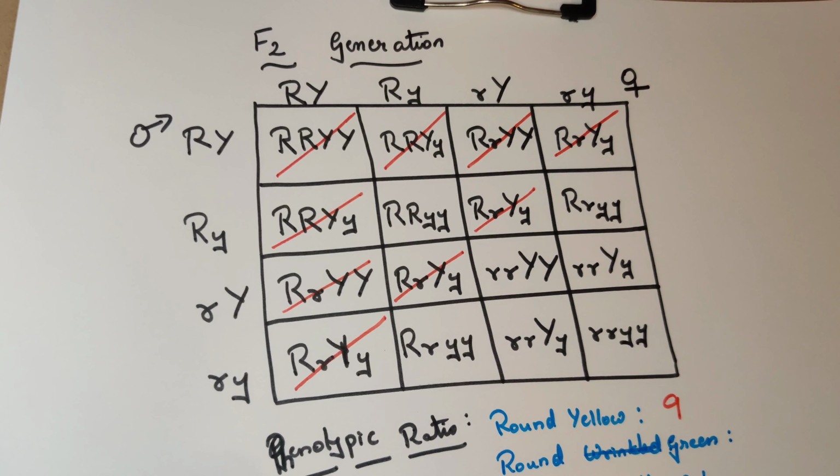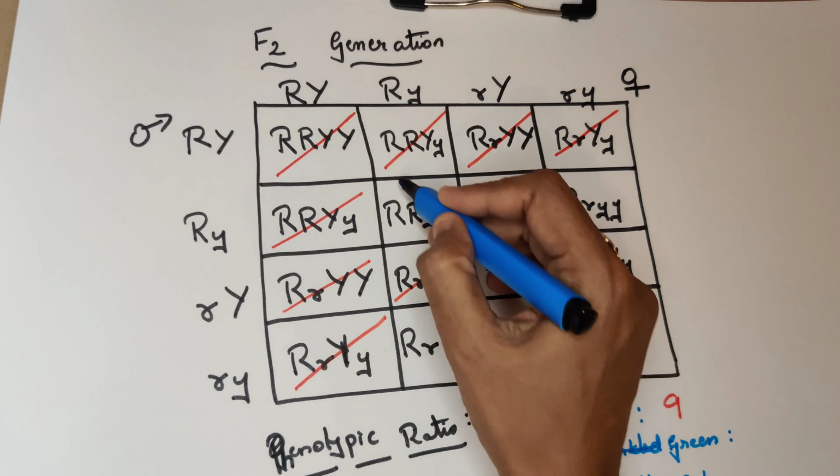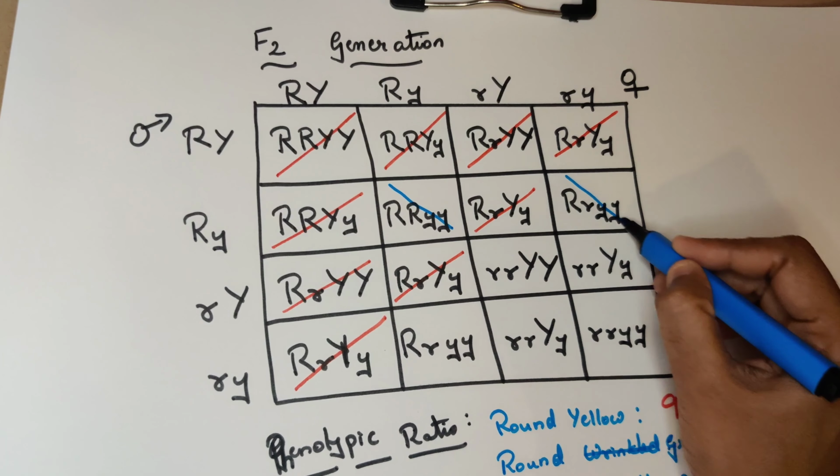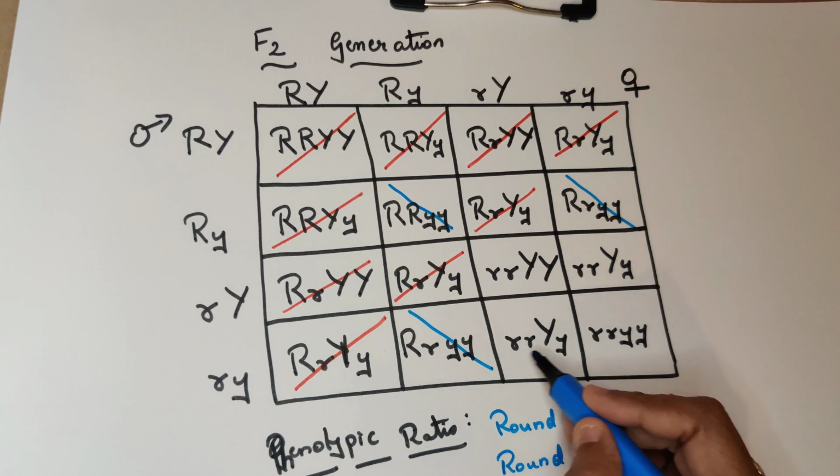Now the next one is, how many are round and green? Find out the boxes that contain capital R only and no capital Y. So 1, 2 and 3.